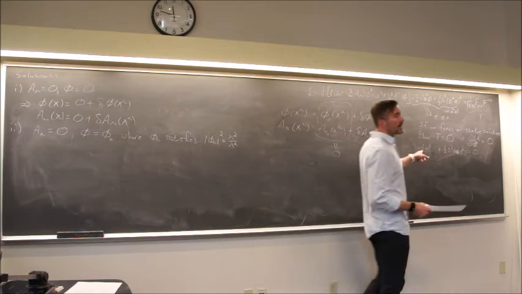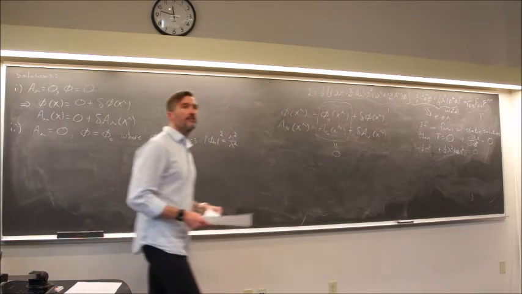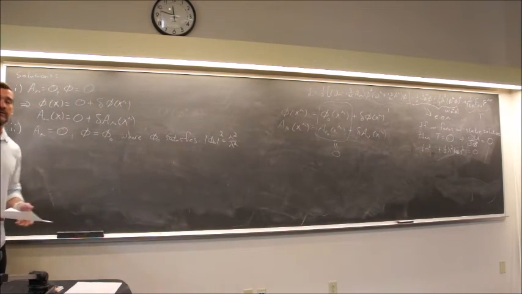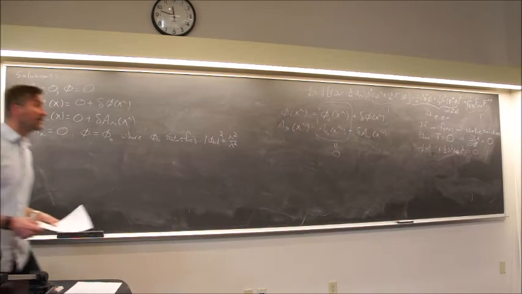And you can see that right here. You just move this term to the other side, get rid of my 1/2, move that mu squared to the other side, and you see that if phi naught magnitude squared satisfies that, then the potential is extremized.